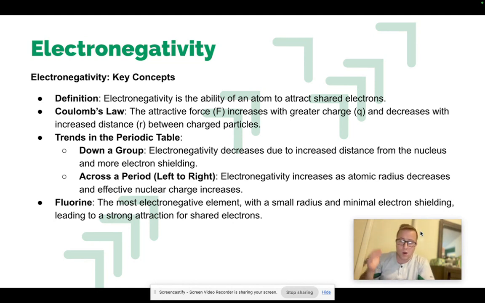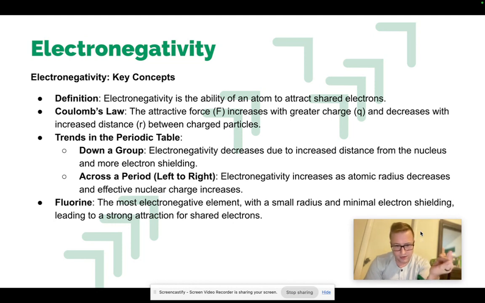So instead of saying it decreases as you go down the periodic table, but why? Well, it's decreasing because, number one, you're further away from the nucleus. Perfectly accurate. Some people posted that, which was accurate. And B, it has more electron shielding. Those are the two reasons that electronegativity decreases.